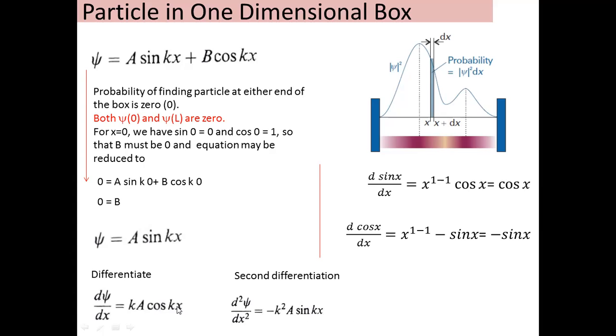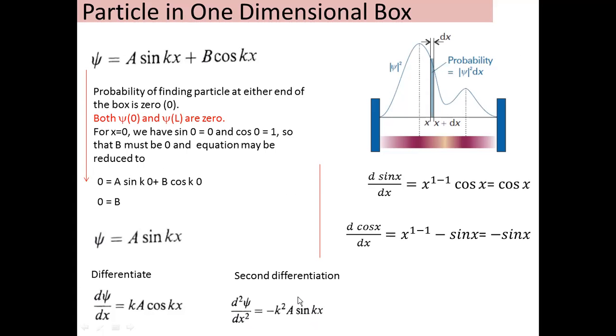When you differentiate x, x power 0 will be equal to 1, and 1 multiplied by k remains k. So k we already have over here, and then it becomes k square. So the equation with the second derivative will become like this.